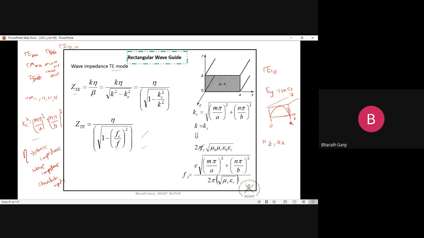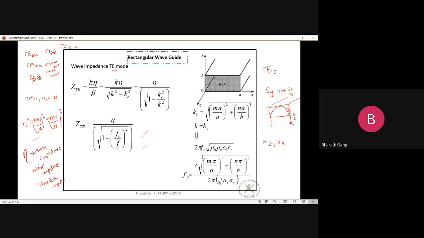Because the wave impedance talks about the wave which we are dealing with. It can be a transverse electric wave, or it can be a transverse magnetic wave, or it can be a transverse electromagnetic wave also.